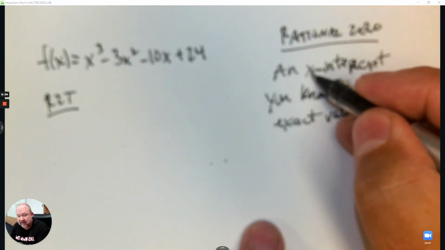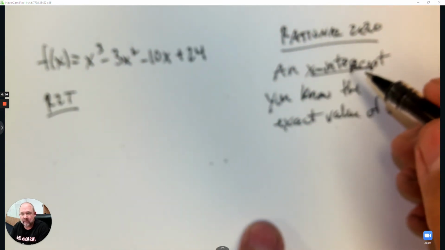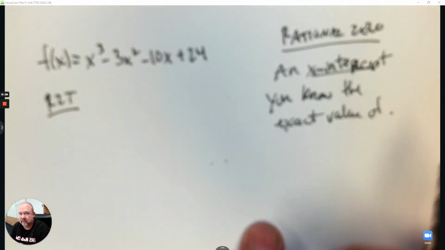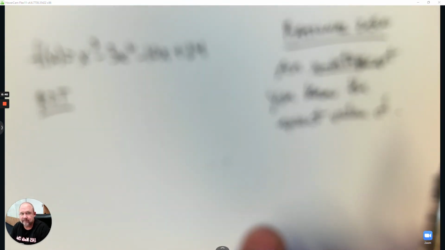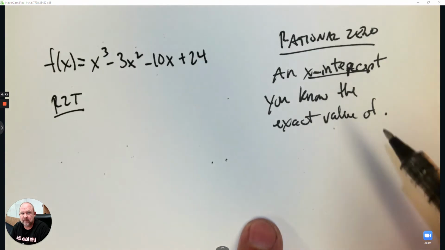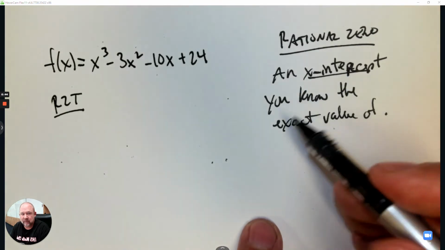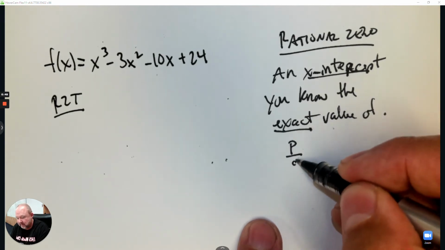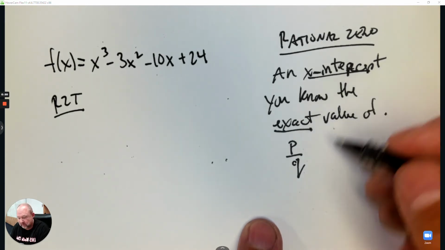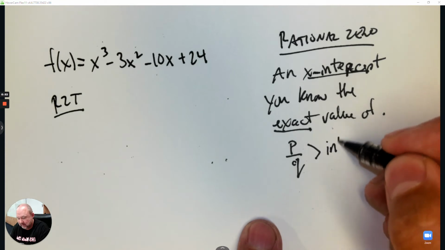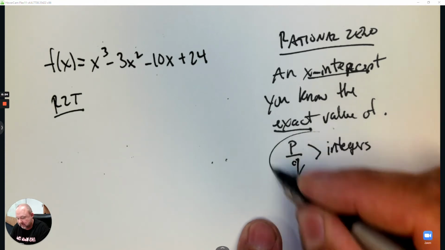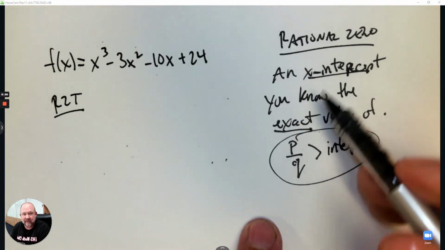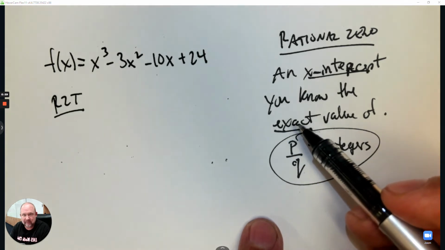So we're talking about an x-intercept you know the exact value of. We can also think of it as any number that can be written as p over q, where both of these are integers, top and bottom. So that's another way to think of it. But if you can think of x-intercept and the word exact, that's what I'm thinking of.